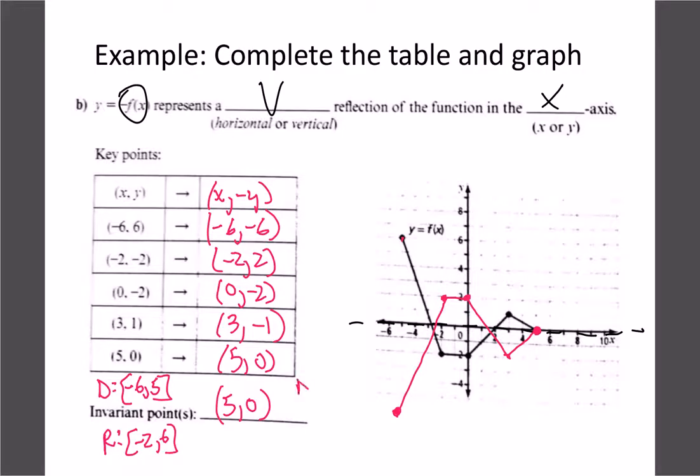If we compare that to our new graph, our new domain is still negative 6 to 5, which makes sense because we didn't change the x-coordinates, so they should be the same. But our range got flipped, so you can see our range now is going from negative 6 to positive 2. So if we compare the range values, you can see our domain and range make sense. The domain stayed the same, and the range became the opposite when we flipped our signs.